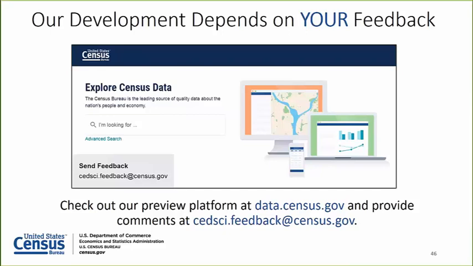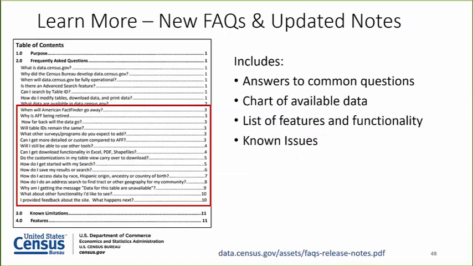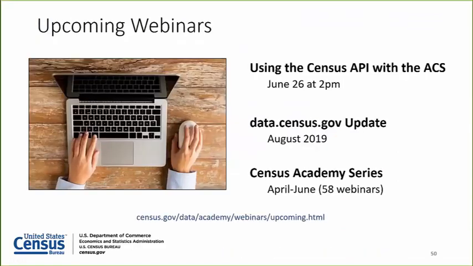We currently have no questions in queue at the time. Okay, great. Well, I wanted to show you one last thing. We do have upcoming webinars. Next Wednesday, there's using the Census API with ACS data. And then in August, we'll have another one of these data.census.gov updates of our latest code release.